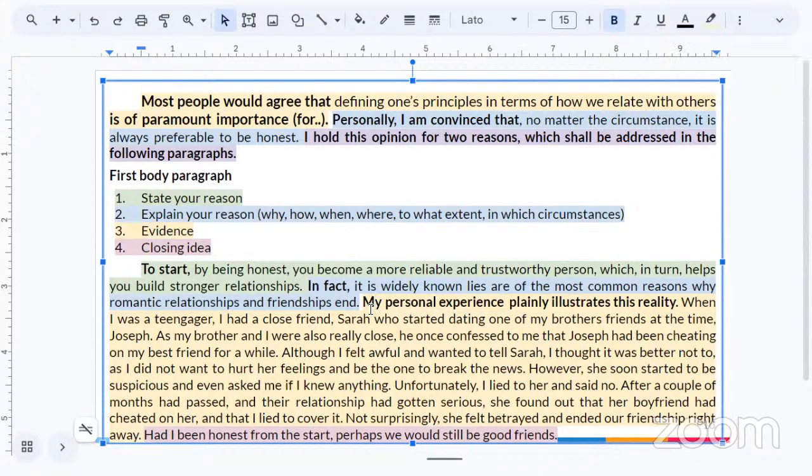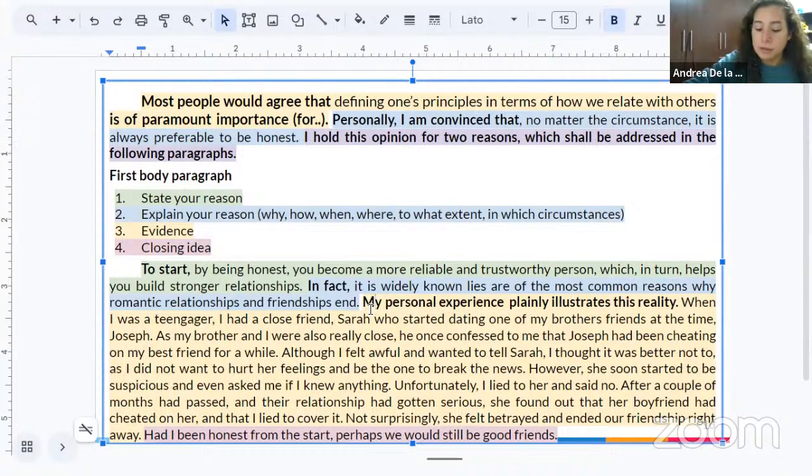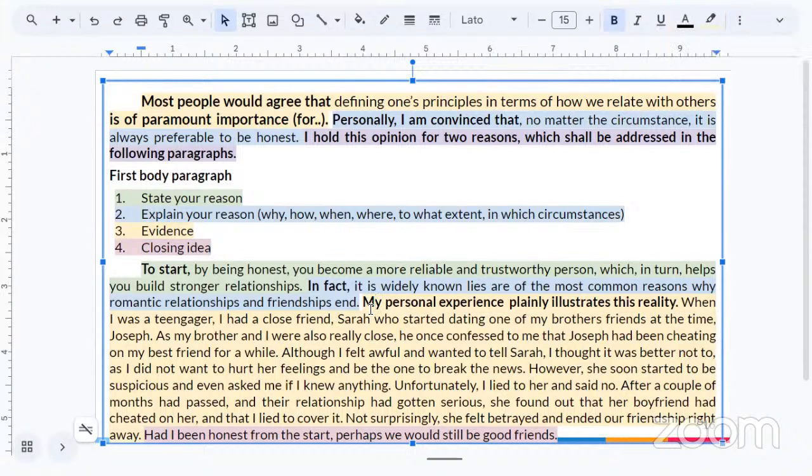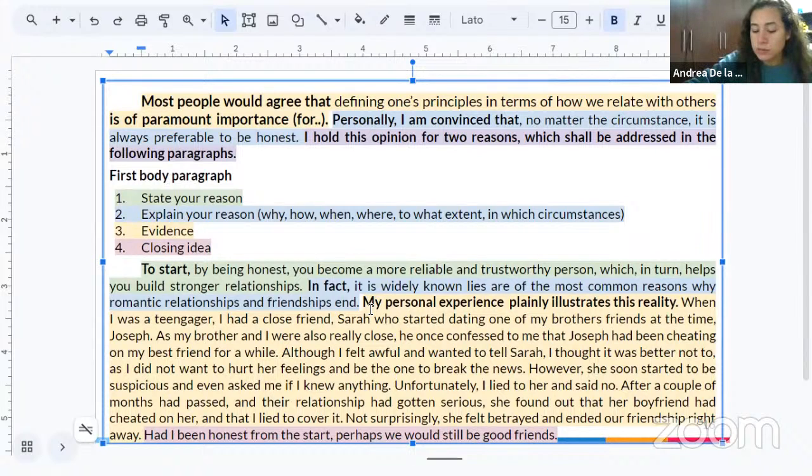This is the integrated. No, this is the independent writing. It's the same that we were doing yesterday. We're continuing. Okay, thank you. Any other question?